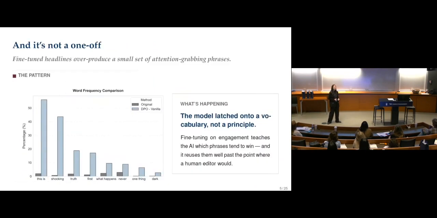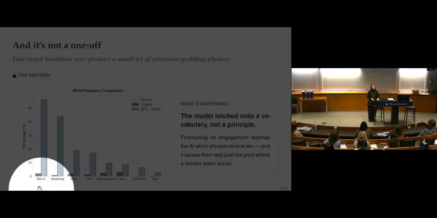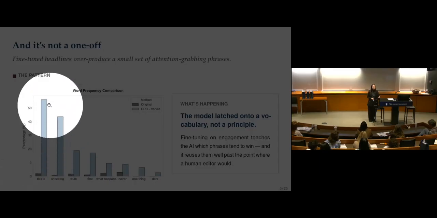And this is not just a one-off example. We did a systematic examination of all the headlines generated by the AI on this batch of articles. We found that it significantly increases the usage of certain words and phrases. For example, the percentage of headlines that use the phrase "this is" increased to more than 50%.